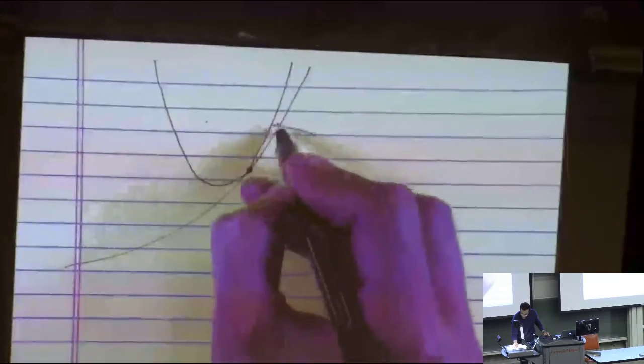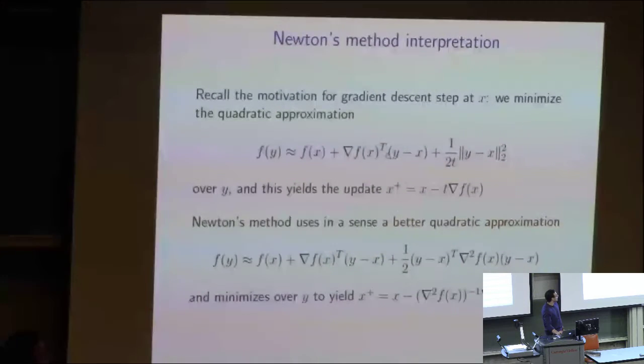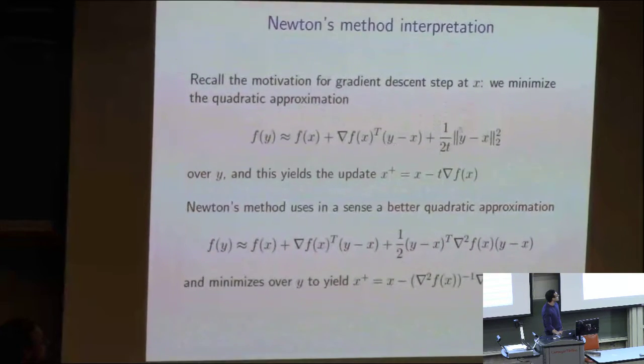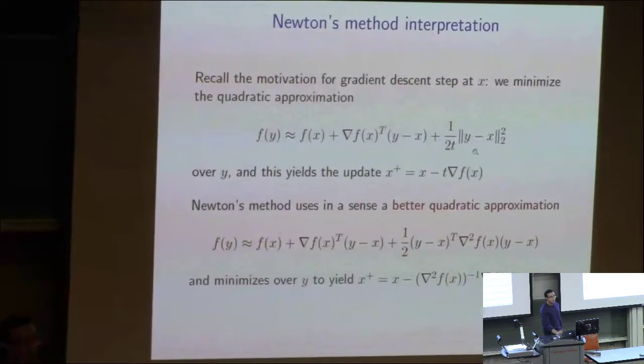Gradient descent takes this quadratic to be of this form: as a function of y, f of x plus the gradient of f at x transpose times y minus x, plus 1 over 2t times the norm of y minus x squared.